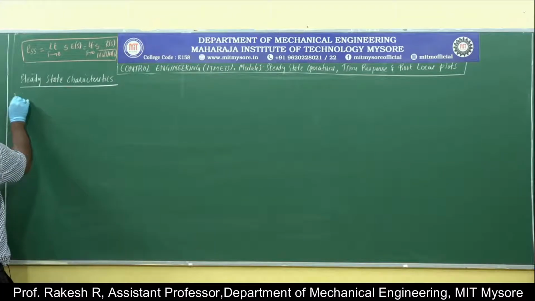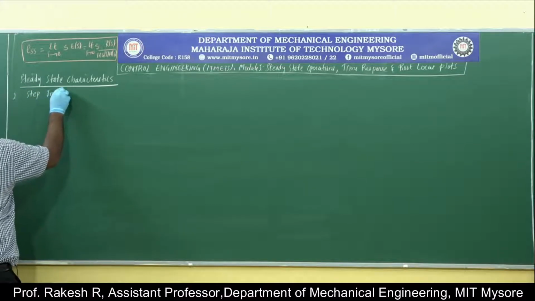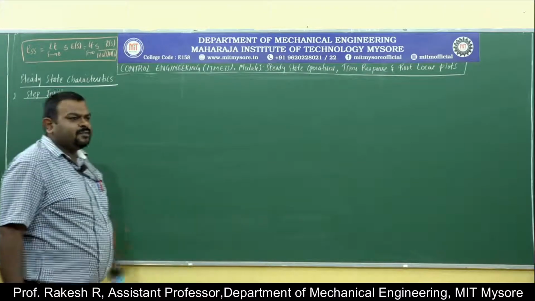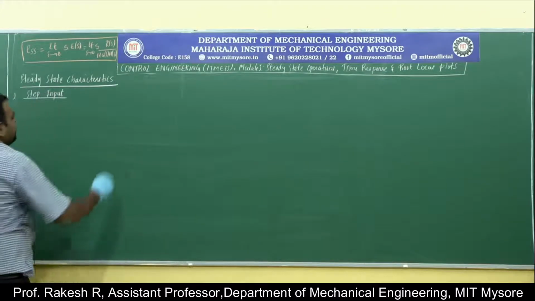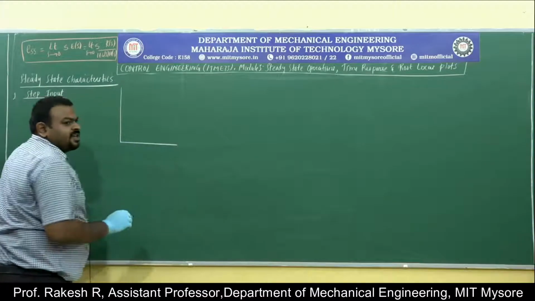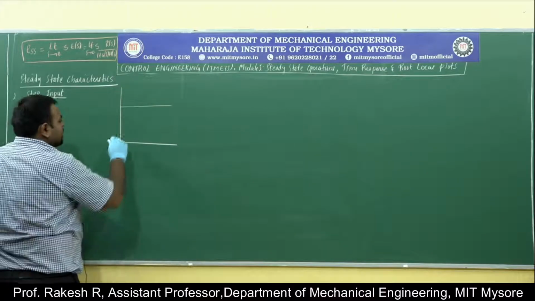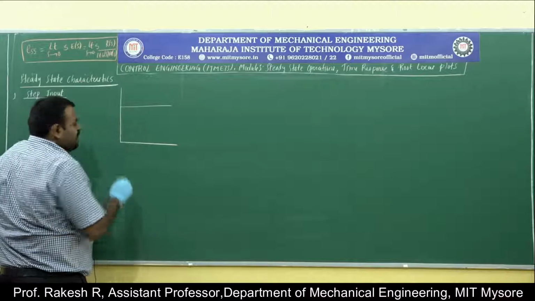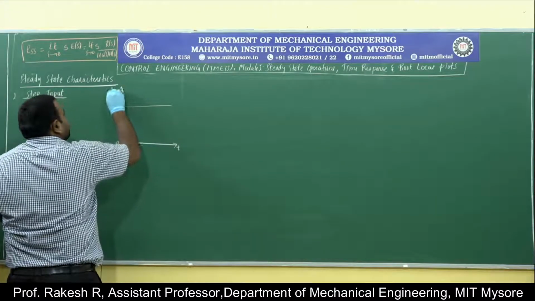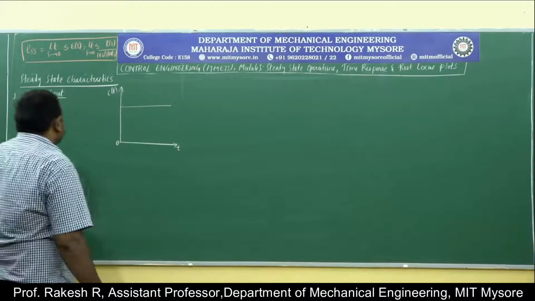First, I will take the first signal, that is step input. Again, we need to recall the step input signal characteristics. The step input signal will be like this. It is having a step. The signal jumps from a lower level to a higher level. This is O, this is T, and this is C of T, the controlled output signal.